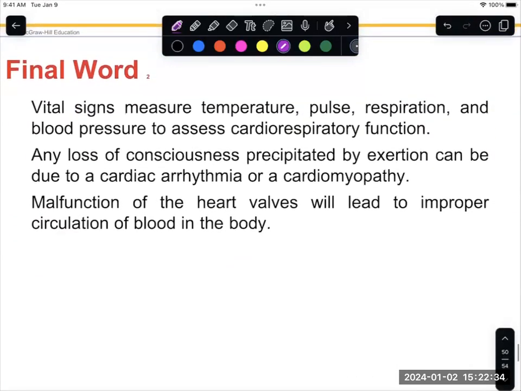Your vital signs measure temperature, pulse, respiration, and blood pressure to assess your cardiorespiratory function. So cardiovascular and respiratory systems. A loss of consciousness is usually precipitated by exertion and can be due to cardiac arrhythmia or cardiomyopathy. Malfunction of a heart valve will lead to improper circulation of blood in the body.